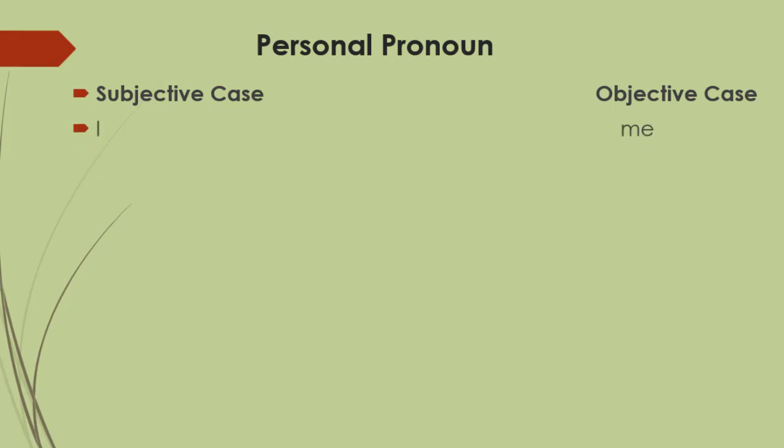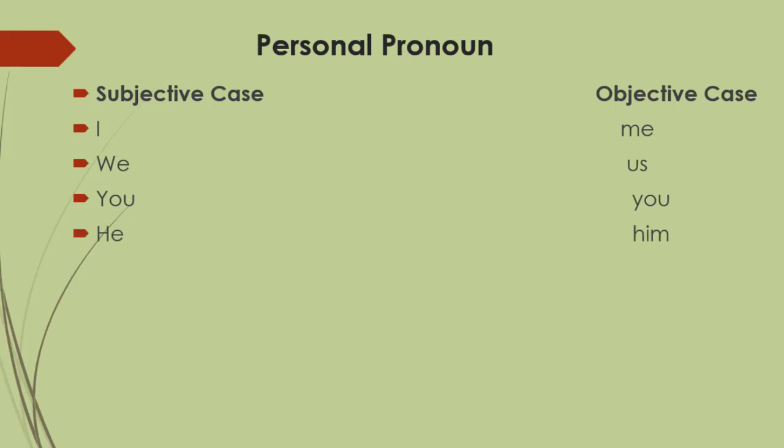I, which is the first person pronoun, its subjective case is I and its objective case is me. In the same way, we is also the subjective case of first person pronoun and us is its objective case. You is the second person pronoun and you is the subjective case as well as objective case.